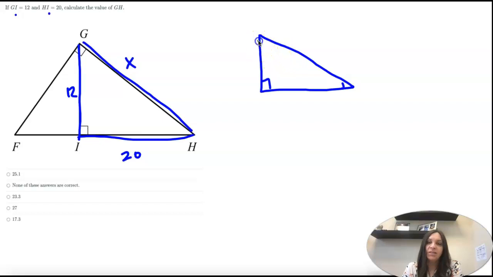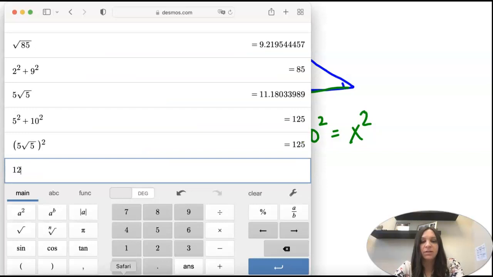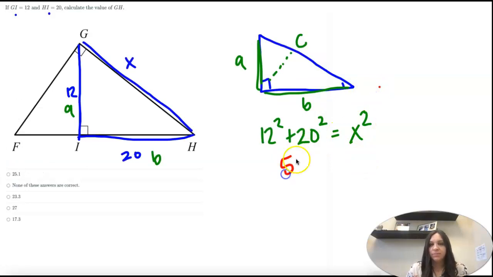So the legs are our A and B, and the hypotenuse across from the right angle is C. So I have 12 squared plus 20 squared equals x squared. And now we're going to solve for x. So let's put this in our calculator. 12 squared plus 20 squared is 544.